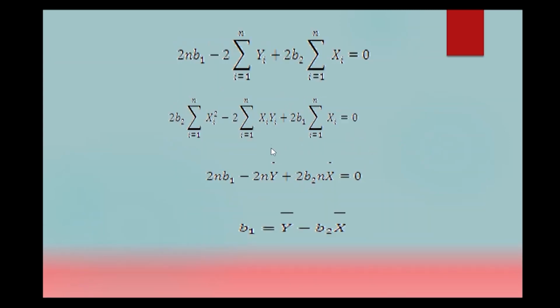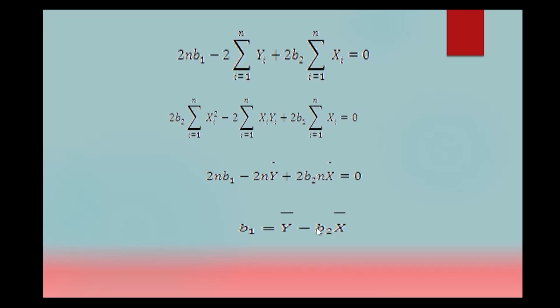After this, we get the normal equations by solving 2n b1, which is minus 2 summation of yi plus 2 b2 summation of xi. From here we get the first normal equation, which is 2n b1 minus 2n y bar plus 2 b2 n x bar equals 0. So if we just rearrange b1, we get y bar minus b2 x bar.